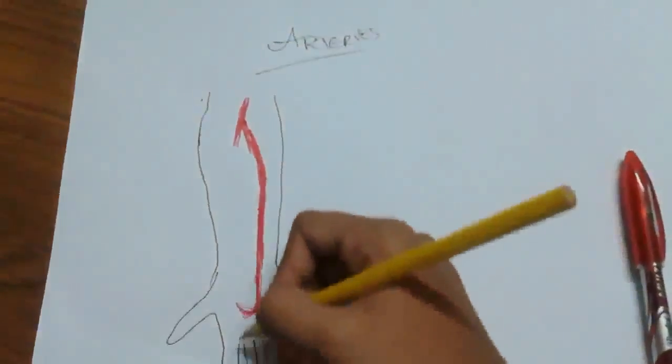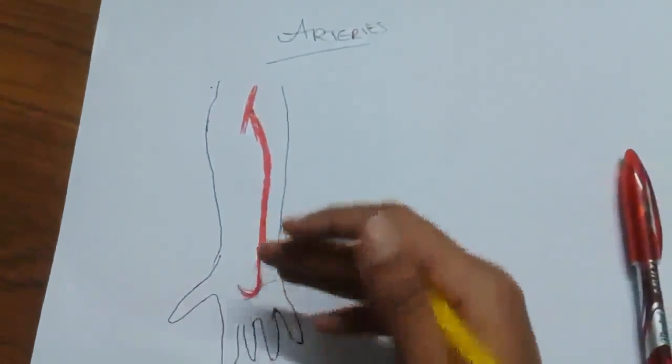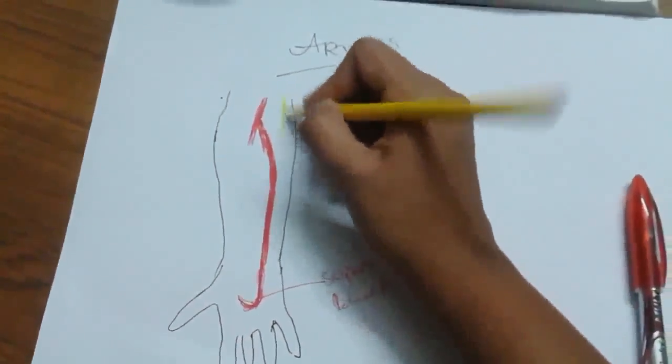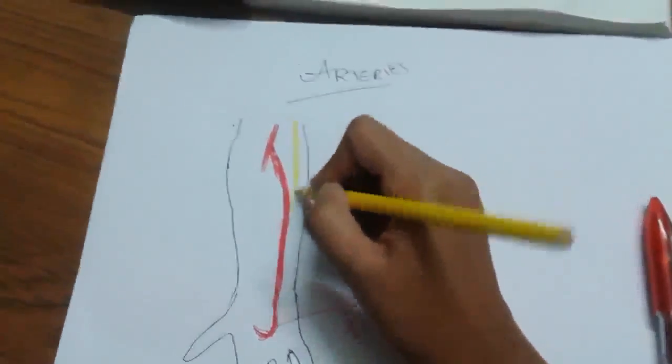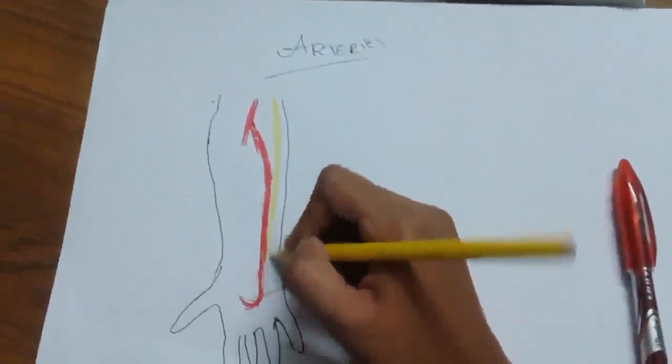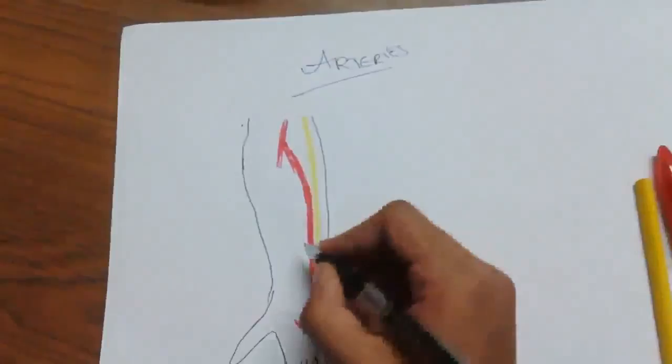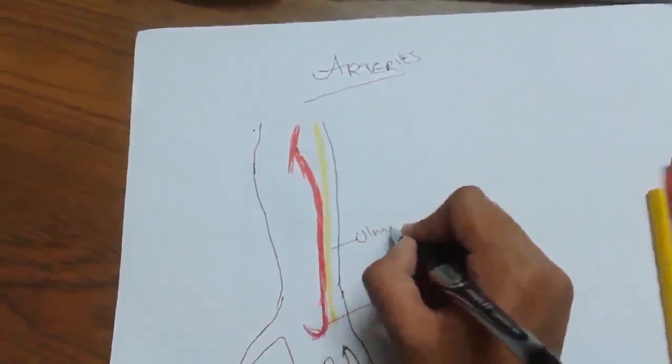Along all its course, it is accompanied by one nerve. You can guess this nerve very easily. It's nothing but the ulnar nerve. See, this is the ulnar nerve.